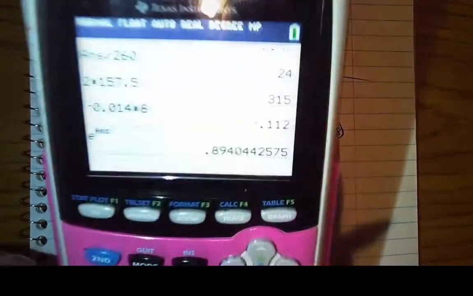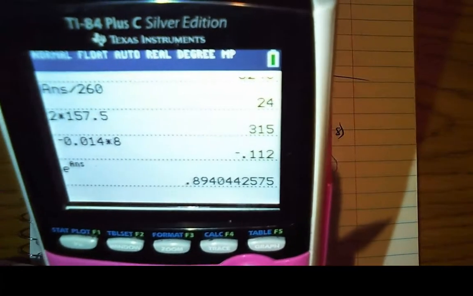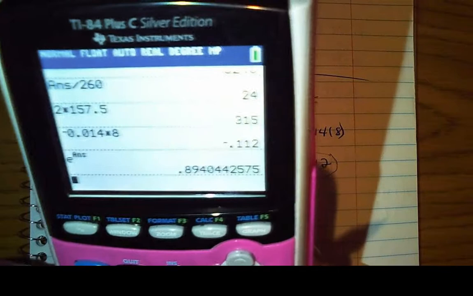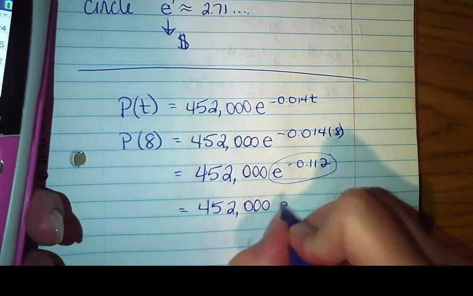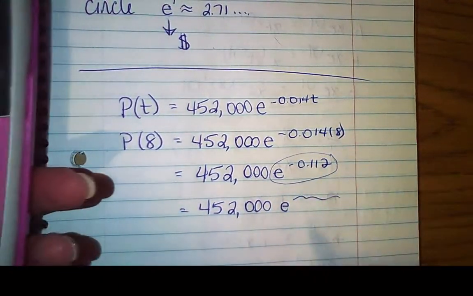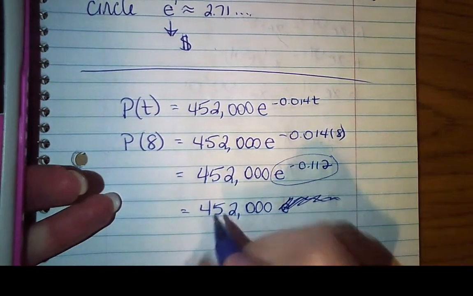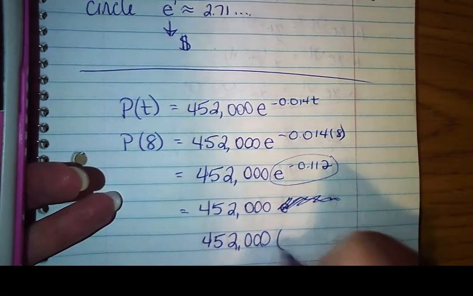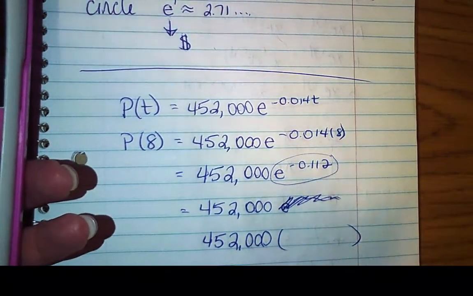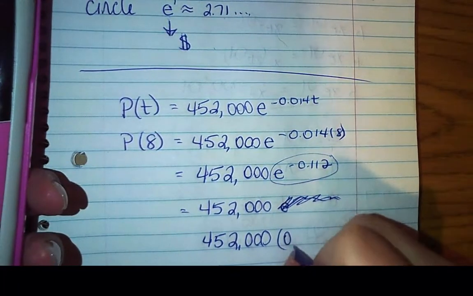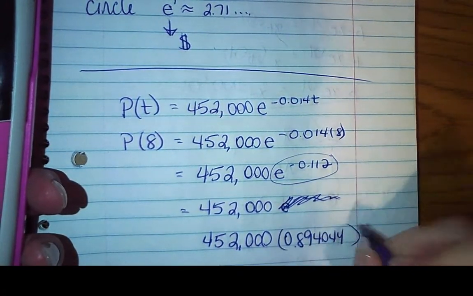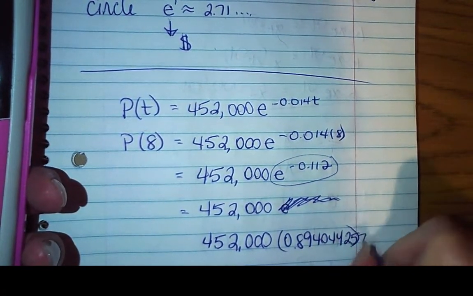How can I make you see this? All right, so E to the negative 0.112 gives me 0.894044255. So 452,000 times 0.8940442575.